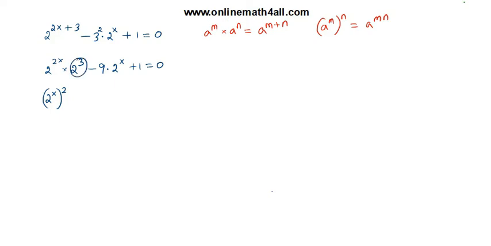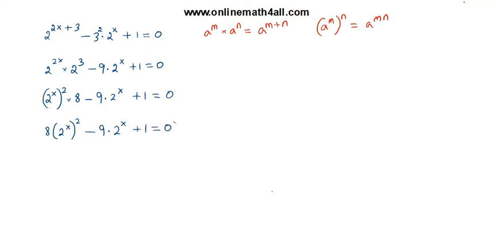And the value of 2 to the power of 3 is just 8, minus 9 times 2 to the power of x plus 1 is equal to 0. So now we can write this 8 in front of 2 to the power of x whole squared, then we get 8 times 2 to the power of x whole squared minus 9 times 2 to the power of x plus 1 is equal to 0.